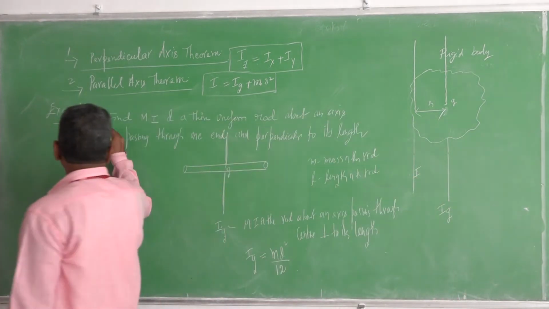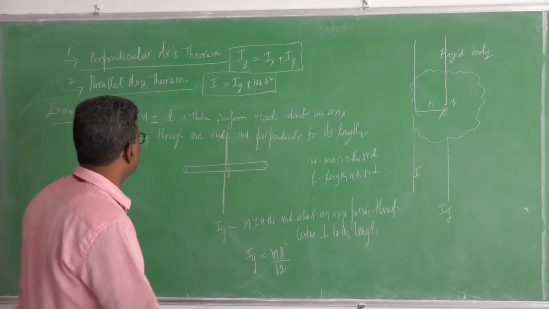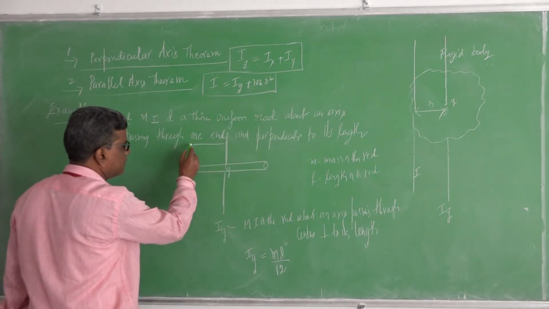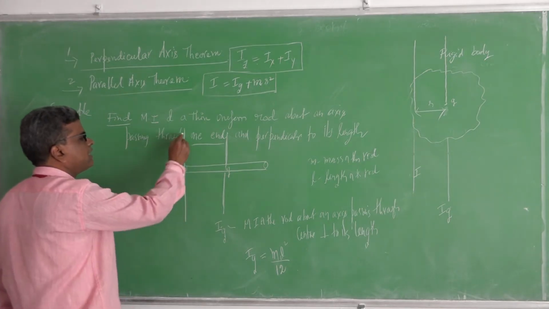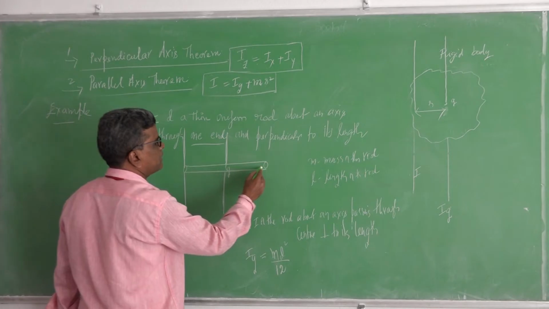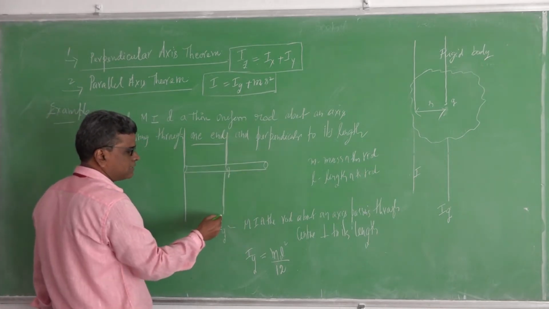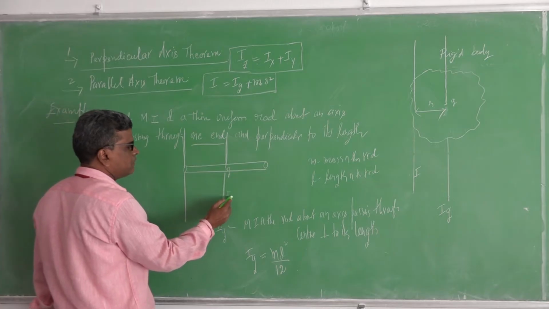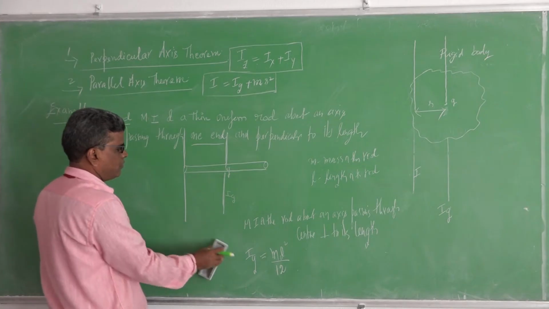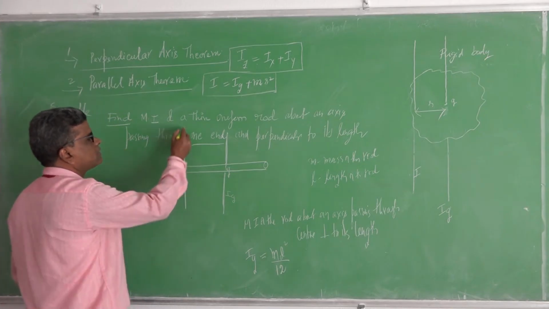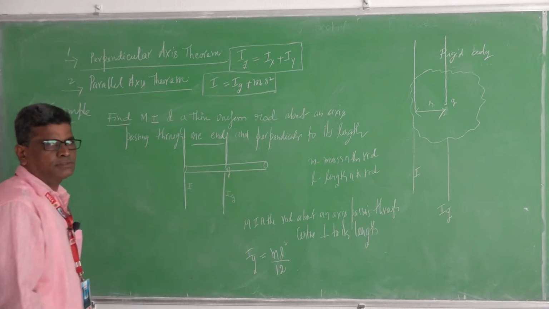Now I want the moment of inertia of this rod about an axis passing through one end, perpendicular to its length. I know the moment of inertia of this rod about this axis, let it be Iz. I want the moment of inertia about this axis. How are these two axes?